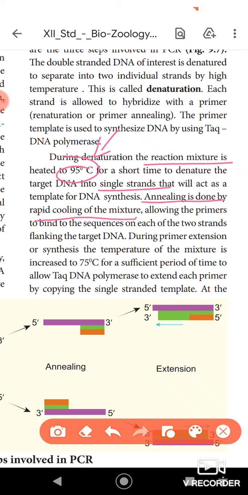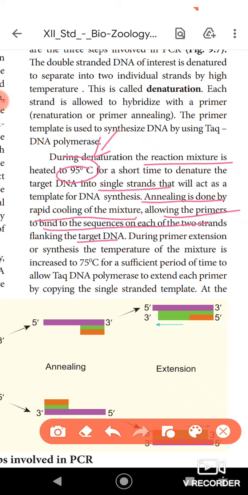Whereas in the annealing process, they cool the sample very rapidly. எதுக்காக கூல் பண்ணுறாங்கன்னா, அந்த ப்ரைமர் நான் சொன்னேன் இல்லையா, அந்த ப்ரைமர் binds with each of the two strands of DNA. டபுள் ஸ்டாண்டர்ட் டிஎன்ஏ ரெண்டு சிங்கிள் ஸ்டாண்டாக பிரிஞ்சதில் அந்த ரெண்டு சிங்கிள் ஸ்டாண்டிலேயும் இந்த ப்ரைமர் போய் அட்டாச் ஆகிறதுக்கு, to bind with the two single stranded DNA, the annealing process is done.